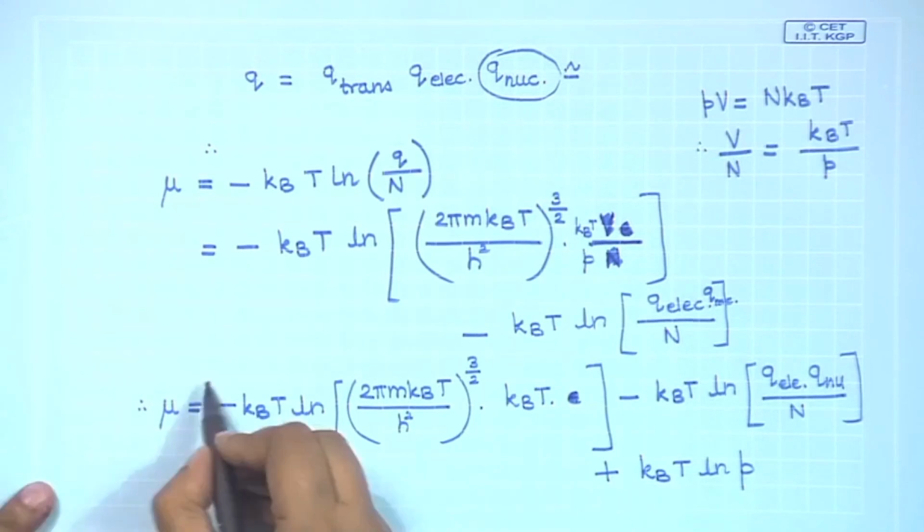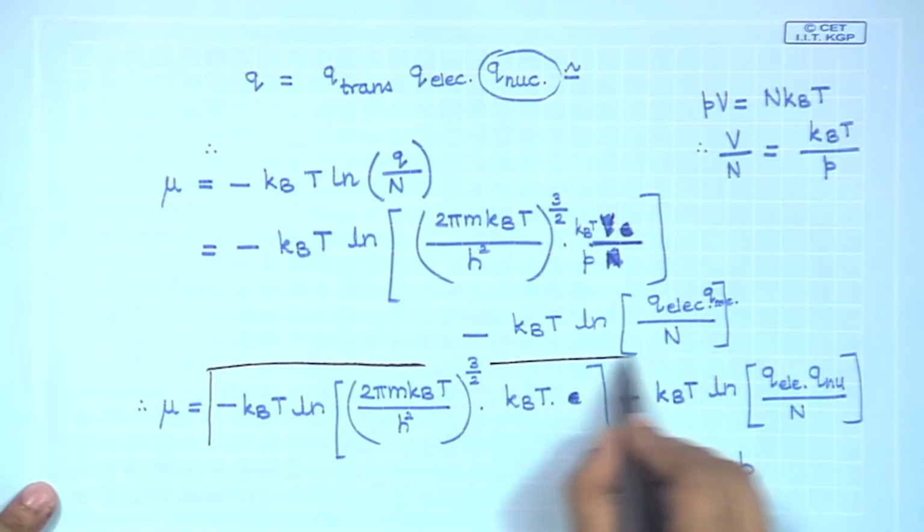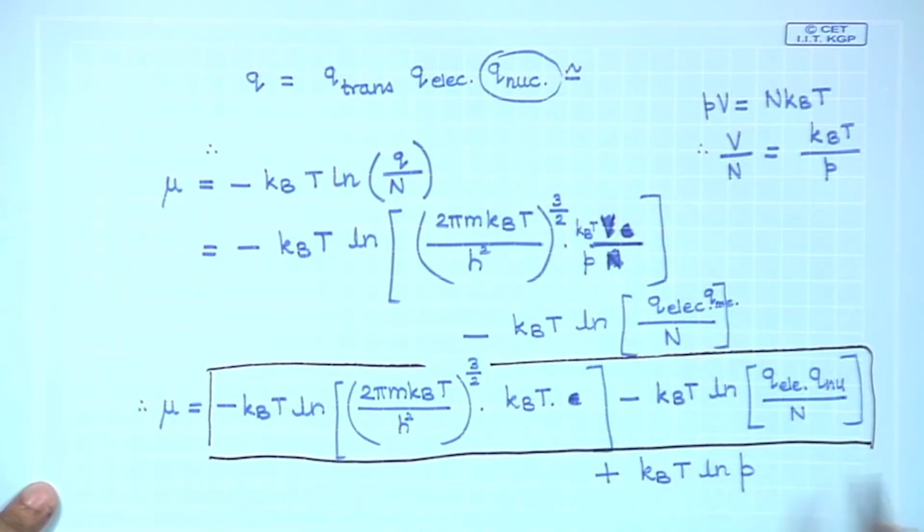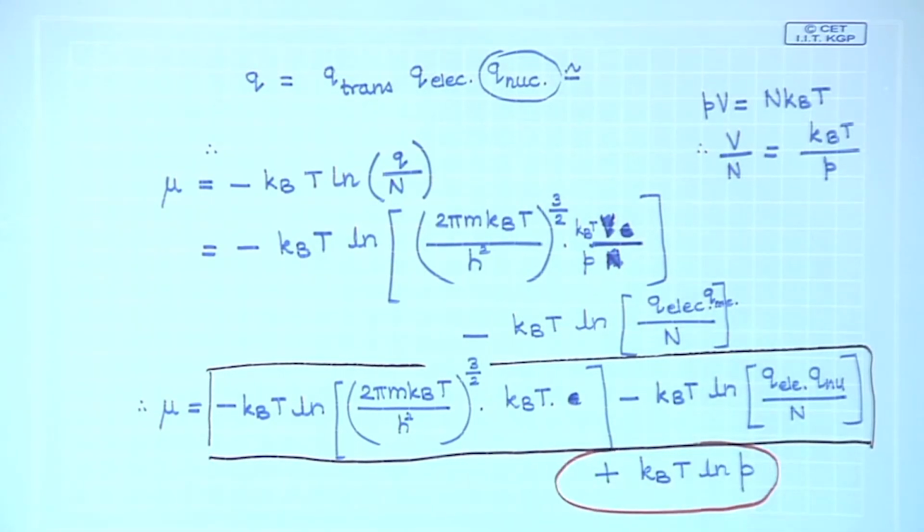Now, let us have a look at the two types of terms that we have obtained here. I have some term over here, plus I have some other term which has appeared as an additional correction to it. So this term, kBT ln P, is what we expect to moderate the value of mu over and above what we see here.